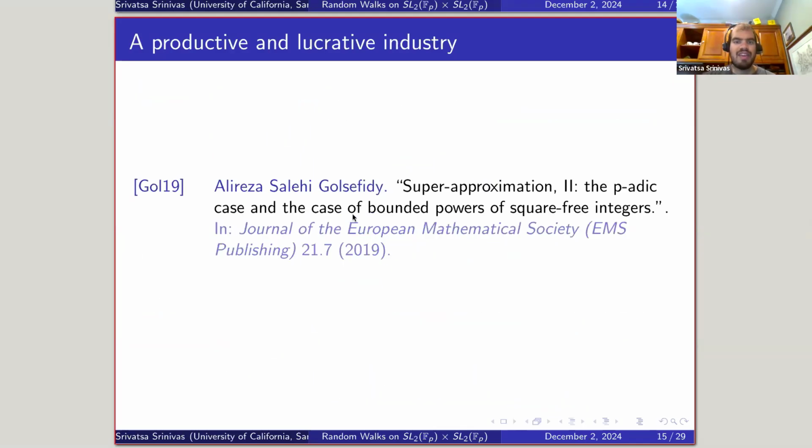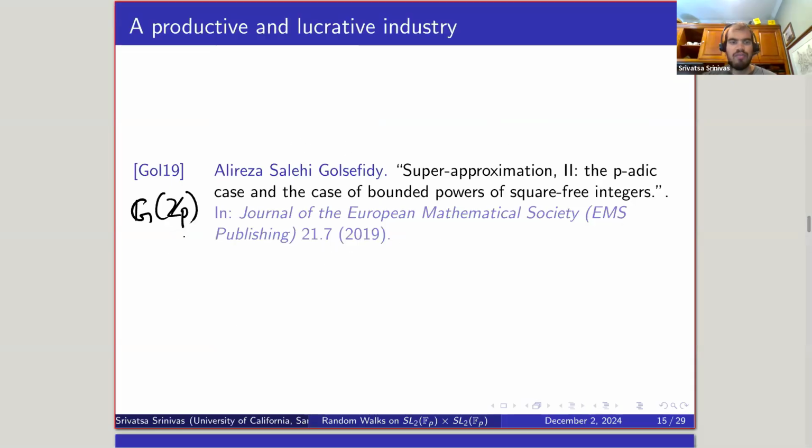And then finally, you can use these techniques when you take a perfect group and then you plug in the p-adics. Okay, so what is unknown is, can you take a perfect group and then plug in Z mod NZ and then try and prove that generators of this have a spectral gap using the above techniques? And my work with Professor Golsefidy is towards solving this problem.